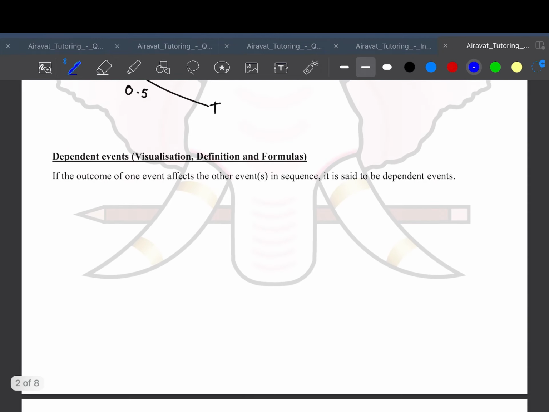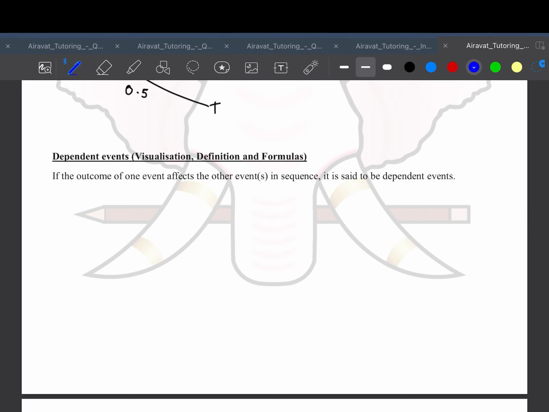Now let's move on to learn what a dependent event is. A dependent event is when the outcome of one event affects the other events in the sequence, as opposed to an independent event. An example question on this could be: if the probability that it rains today is 0.5, and the probability that it rains tomorrow, if it rains today, is 0.1.